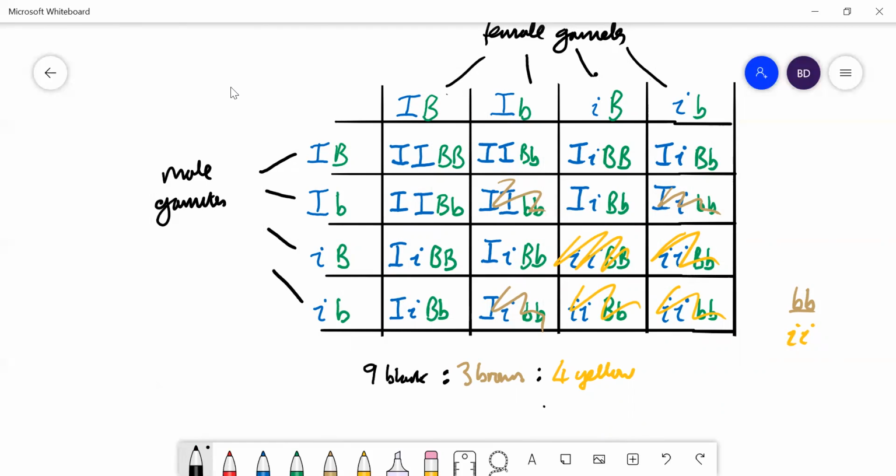So it's not quite the usual 9 to 3 to 3 to 1 ratio that we get from these crosses. As I say, it's caused by epistasis, because the genotype in the B gene is sometimes masked if you have this double mutation in the I gene.